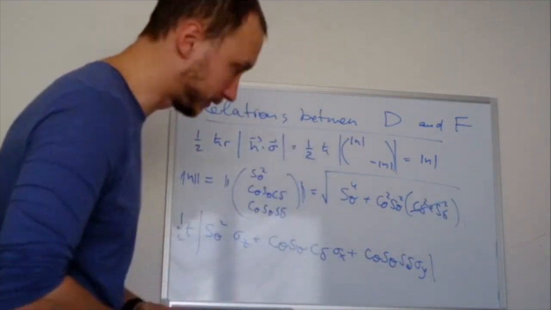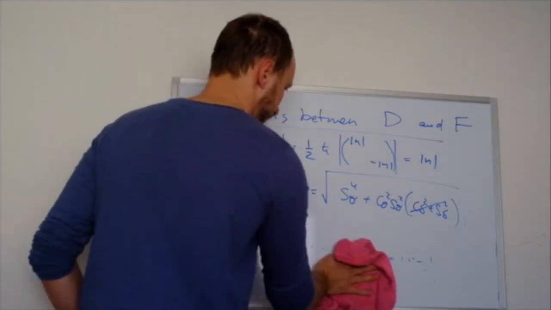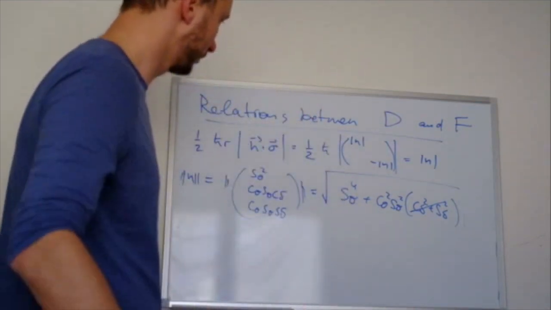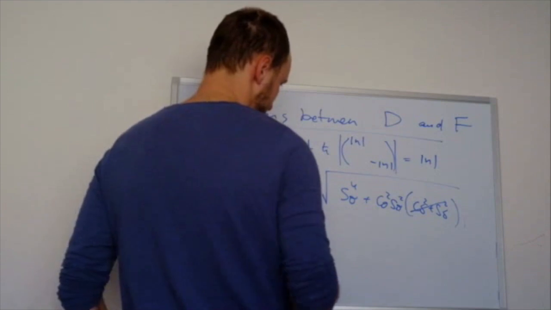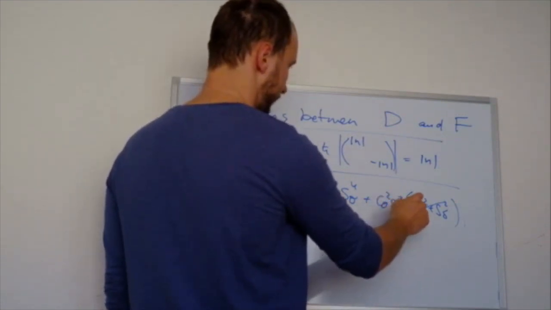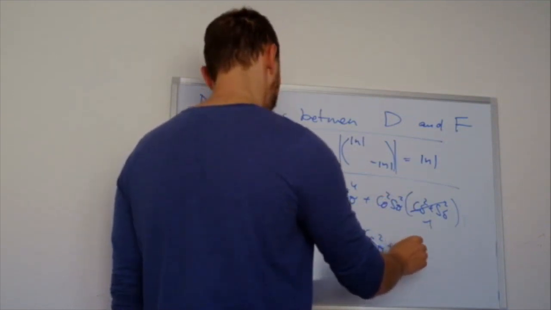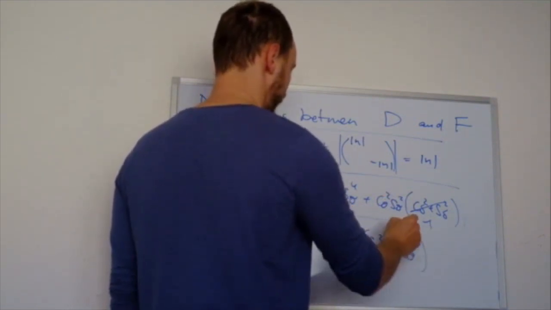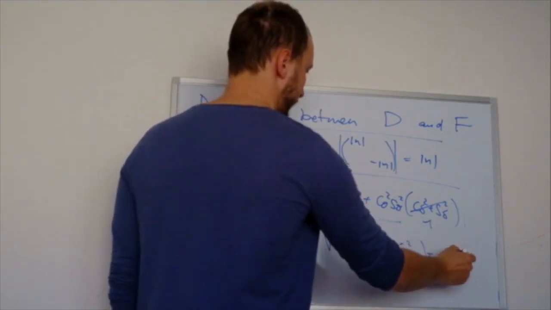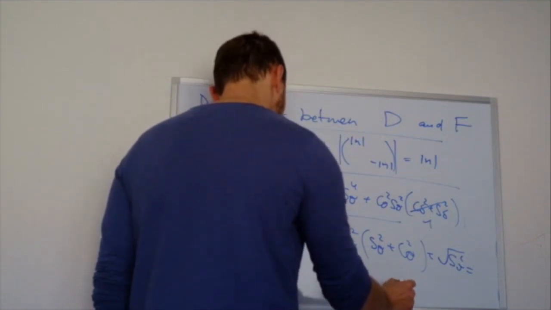And here I can just factor out the sine. We get sine theta square times 1, times sine theta square plus cosine theta square, which is again 1. So this is basically sine theta square, or the square root of 1 minus cosine theta square.